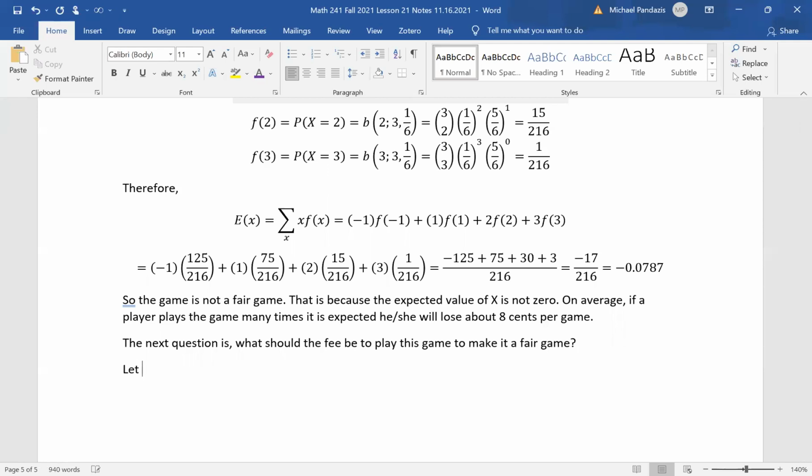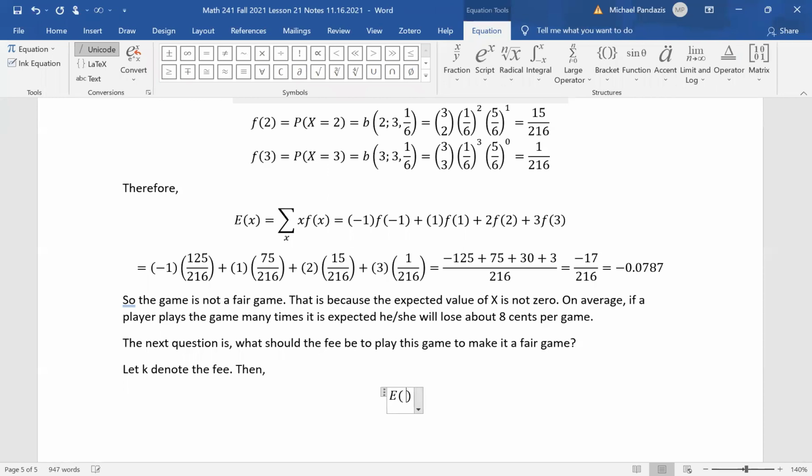So let little k denote the fee. Instead of the fee being 1, it's going to be k. Now let's compute the expected value with the assumption that the fee is k. So E of x is equal to, well, if you were to make $0 because your number never appeared, after paying a fee of k, the net would be 0 minus k.